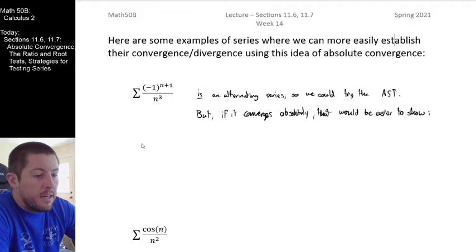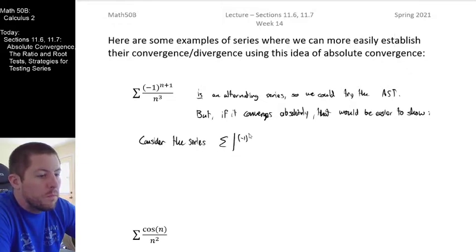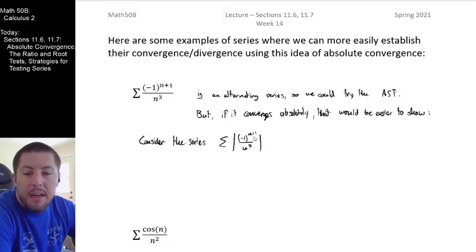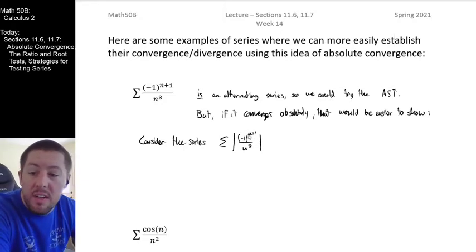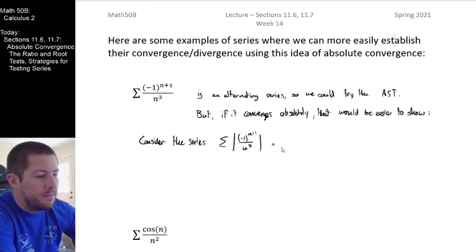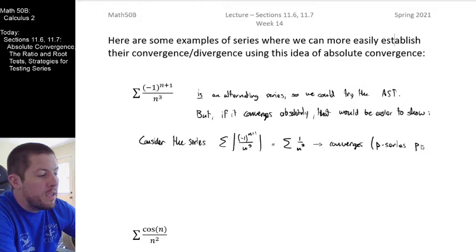So what I want to consider is the series with absolute values. Well, as we've seen, taking the absolute value essentially just says discard the term associated with the negative 1 to the n plus 1, because all it does is flip our signs around. So this is really just 1 over n cubed, which converges. I know it converges because it's a p-series with p equal 3.